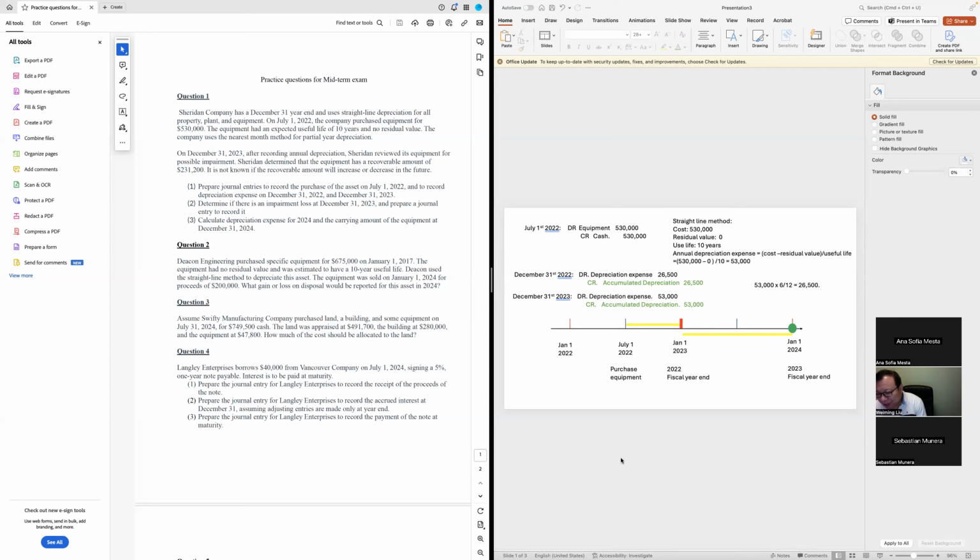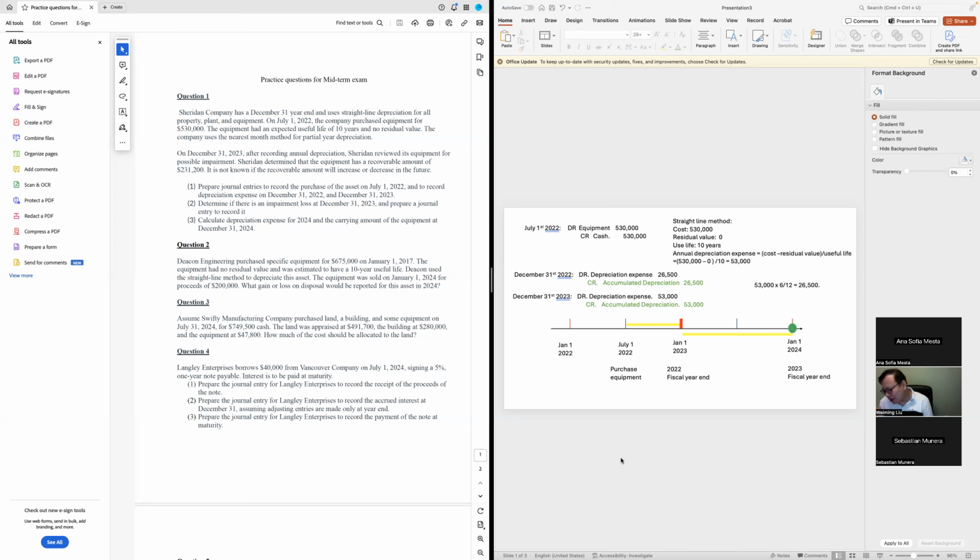Do any of you have an answer to my question? It's a straight line method. Every year depreciation should be the same. I already calculated my depreciation for 2023. Why should I calculate my depreciation expenses for 2024? Should that be the same as 53,000? Does anyone have an answer? I don't think it's going to be the same.